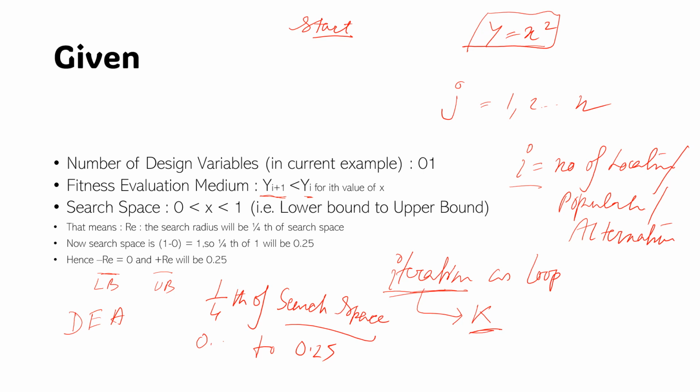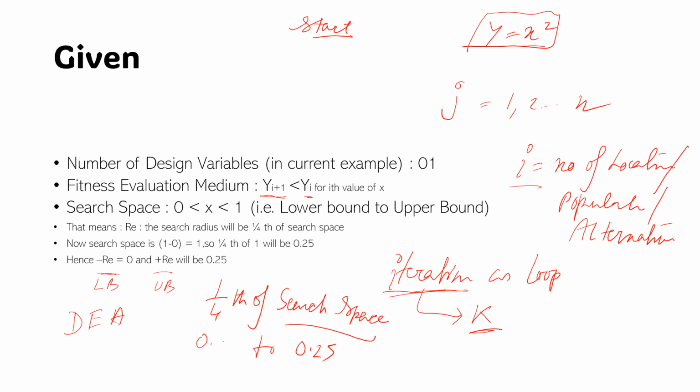The advantage of this reduction of search domain is that only those values of x will be taken which have a higher probability of generating a more optimal solution to the given problem. These will be given: the number of design variables, as I've already said, x.